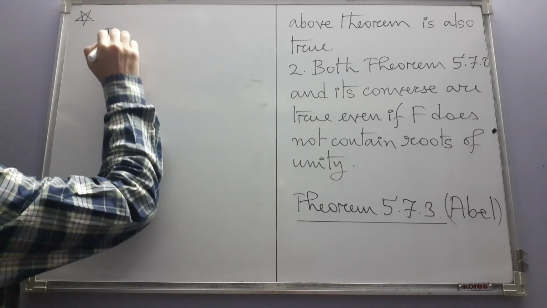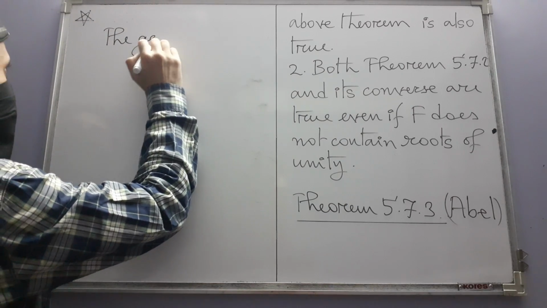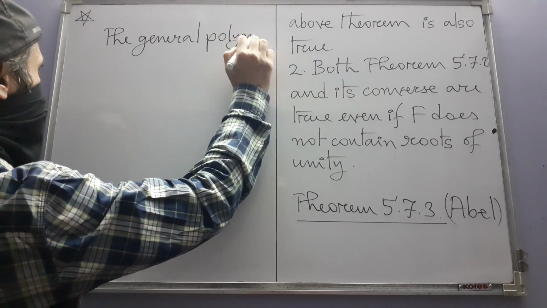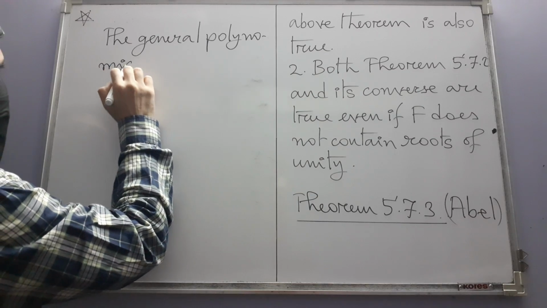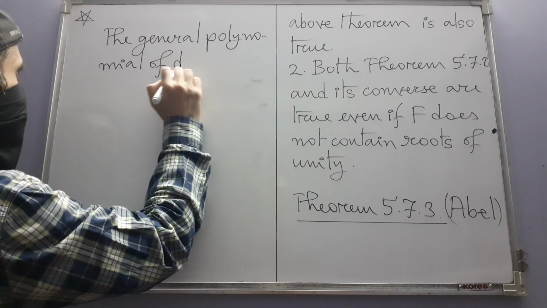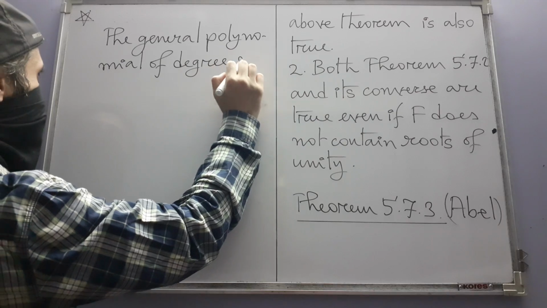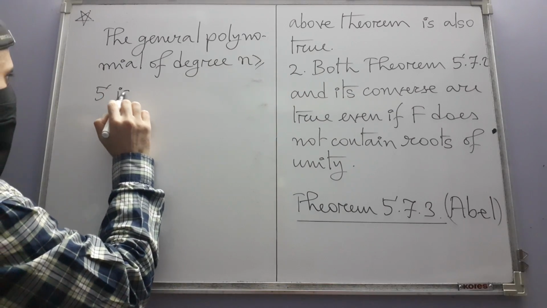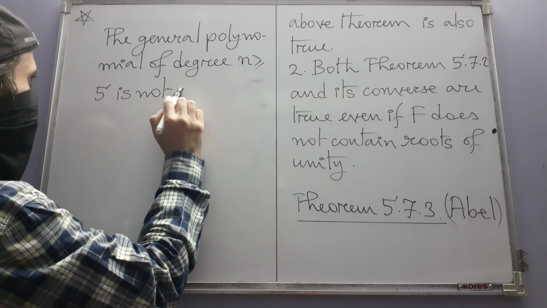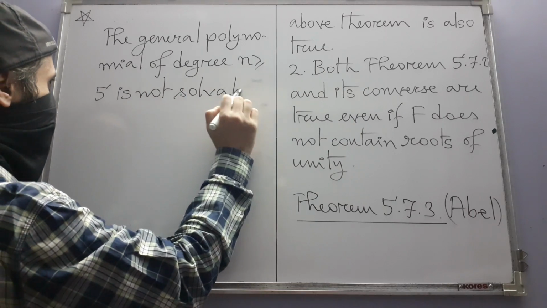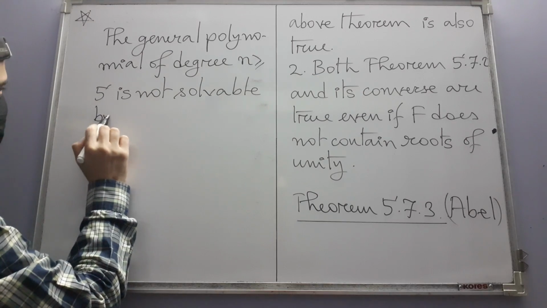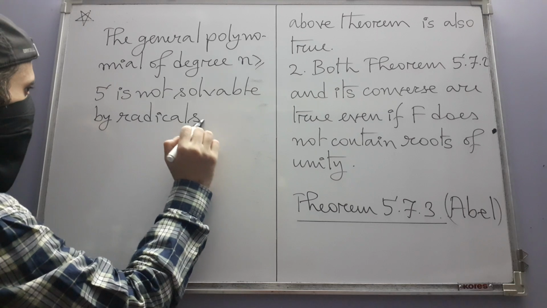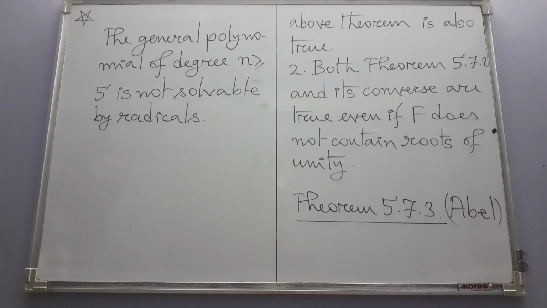The general polynomial of degree n, where n is at least 5, is not solvable by radicals. And let's now see the proof.